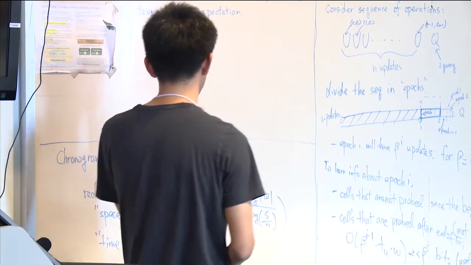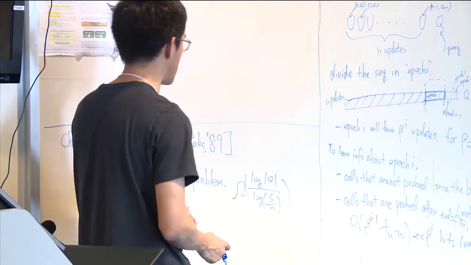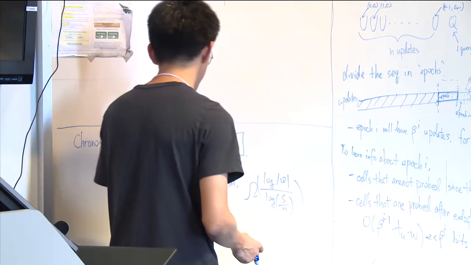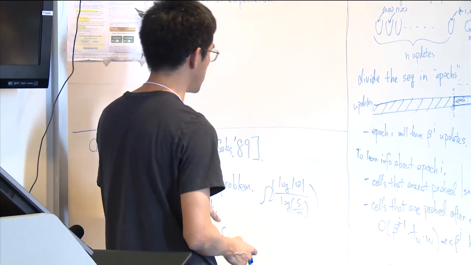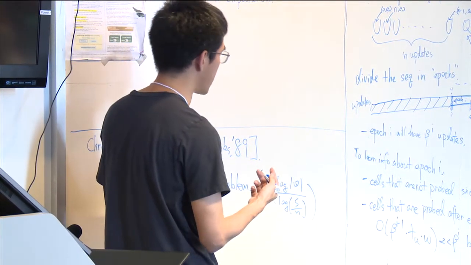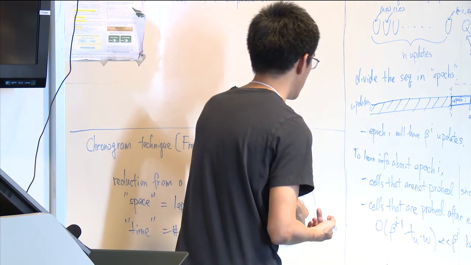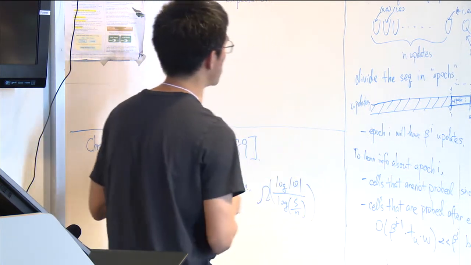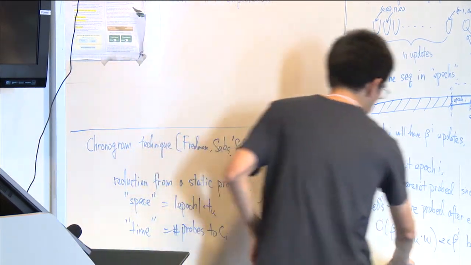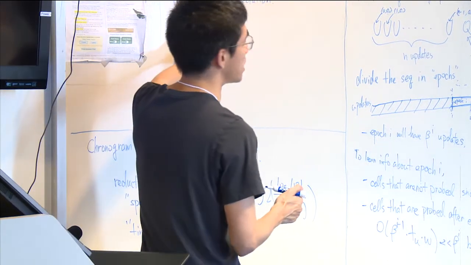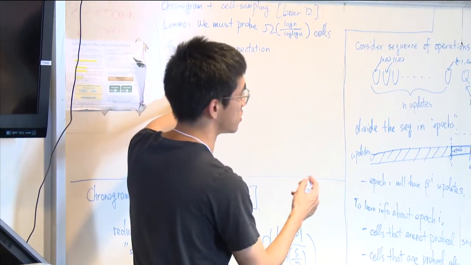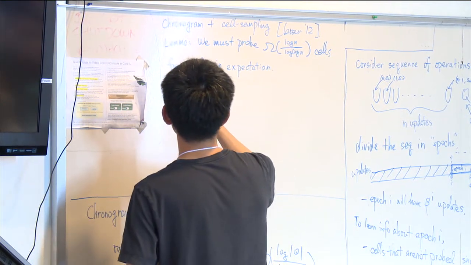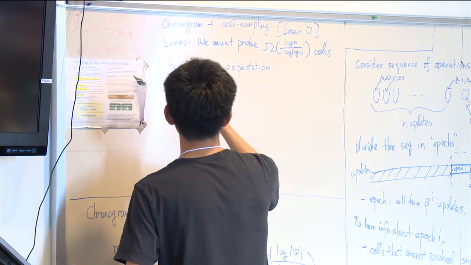In this case, if we view the space as the length of the epoch times TU, and the time as the number of probes to CI, then the epoch length times TU is something that is polylog in n, so the denominator here is log log n. And Q is a polynomial, so it's log n over log log n cells. Suppose we do have such a lower bound on the number of probes into CI, then this would imply a log n squared over polylog log n lower bound.